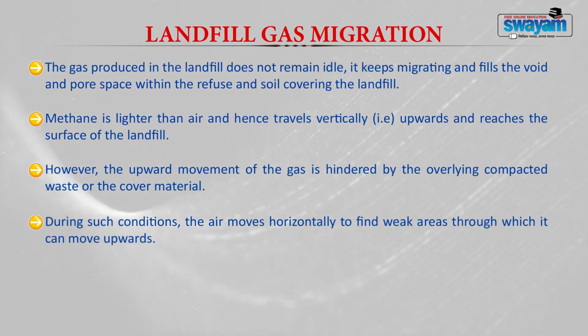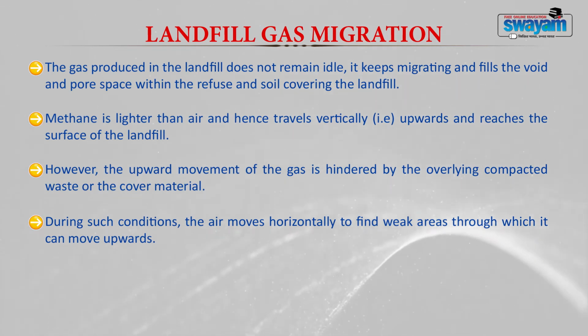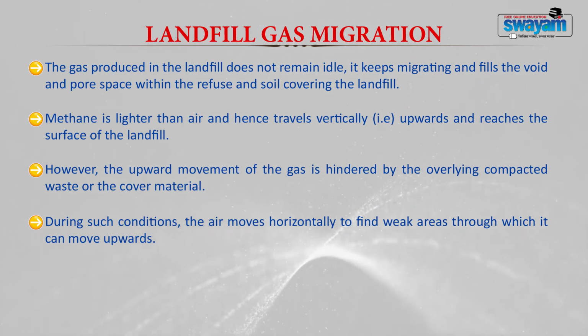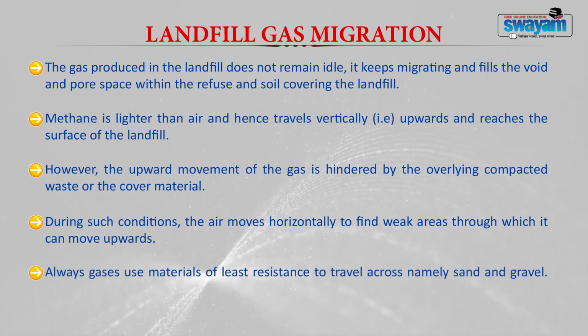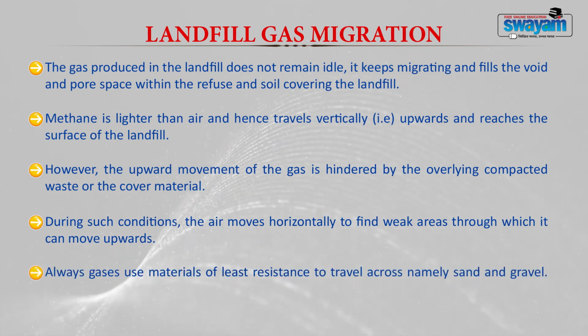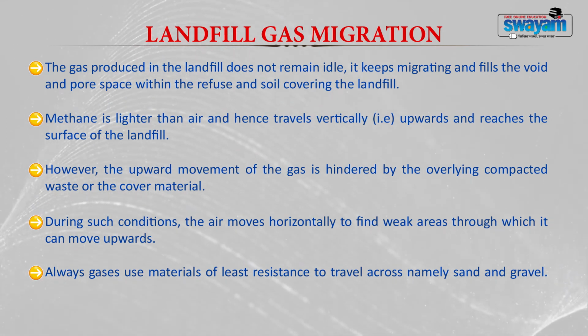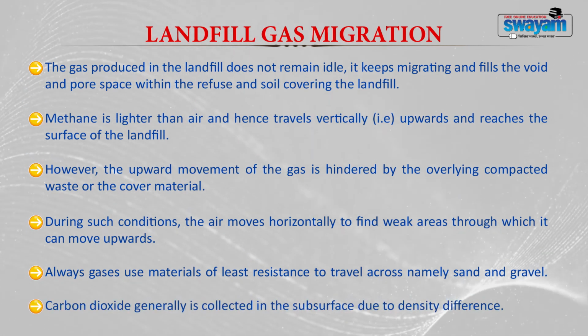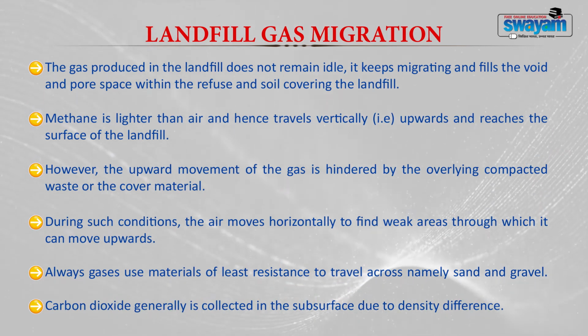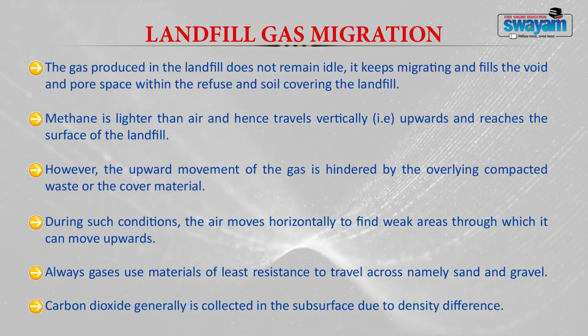During such conditions, the gas will move horizontally to find any weak area in the waste material, and from that weak area it will move upwards. The gas generally uses material of least resistance to travel across, like sand or gravel. Carbon dioxide is collected in the subsurface due to the density difference.